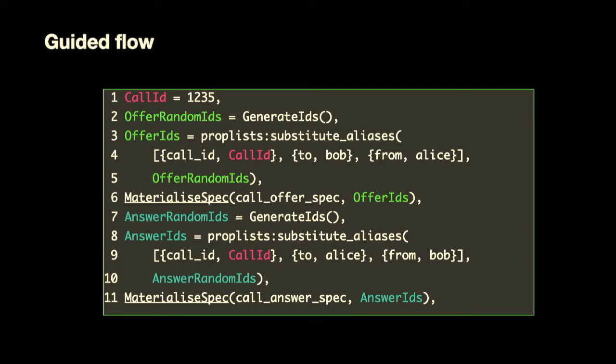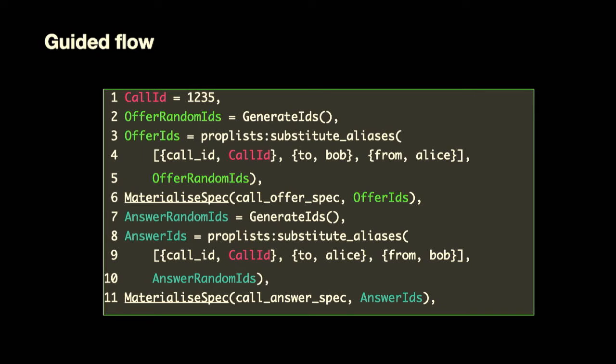In this example, it shows a valid call offer and response workflow. Let's say Alice tries to call Bob. First, Alice needs to send a call request standard to Bob with a call ID 1235 at the top. And in order to make the call go through, Bob needs to send an answer call standard with the same call ID.